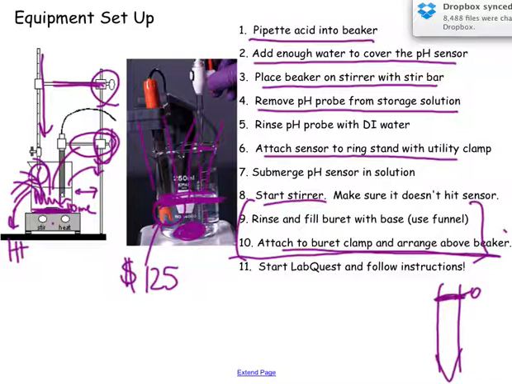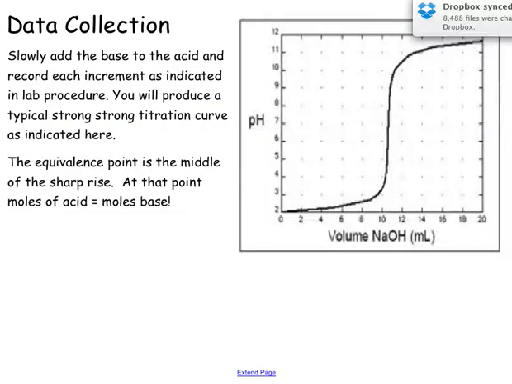Every time you do a titration, I want you to start at 0. These pH titrations, you have to start at 0, okay? So then you're going to start titrating. As you titrate, you're slowly going to add the base to the acid and record in the LabQuest at certain increments how much base you've added.